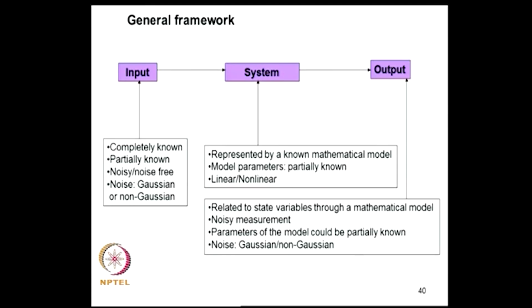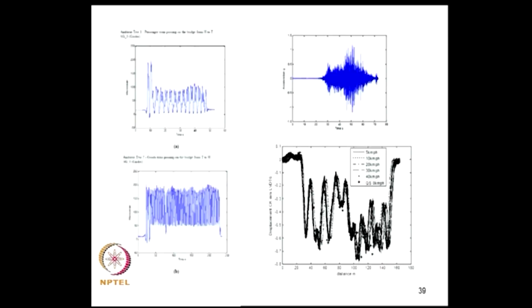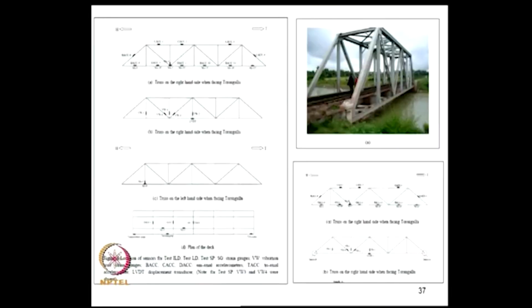Now, the question that we try to answer is, having had these measurements, can we identify the parameters of the finite element model that we postulate for the given structure? The need for such an exercise arises, for example, in the context of these bridges. These bridges might have been designed to carry a specific level of axle loads.